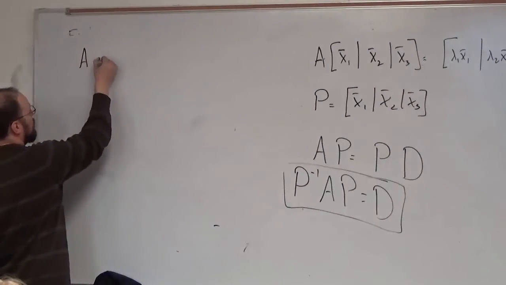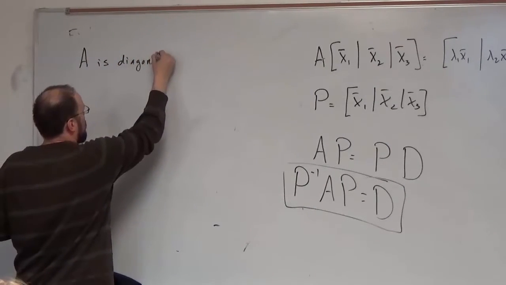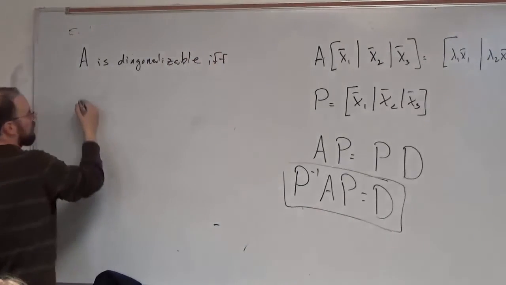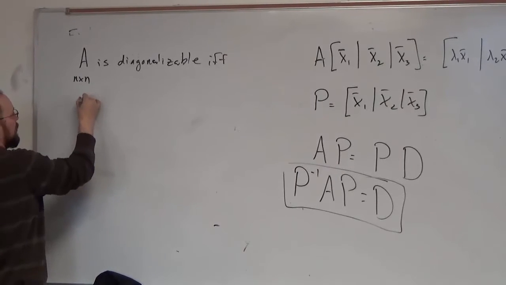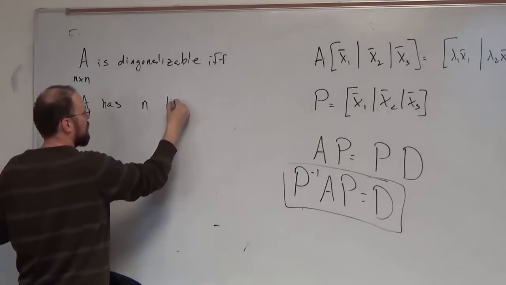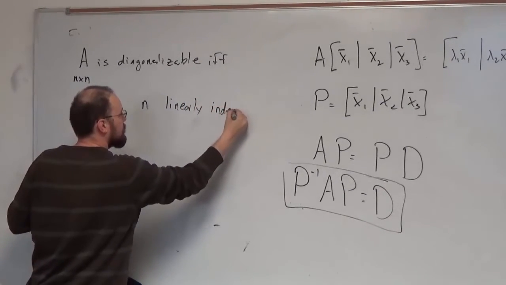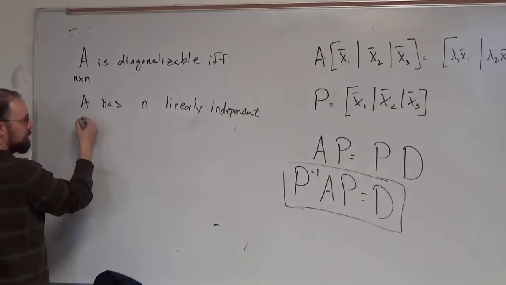So A is diagonalizable if and only if A has n linearly independent eigenvectors, because then we have a basis consisting of eigenvectors.